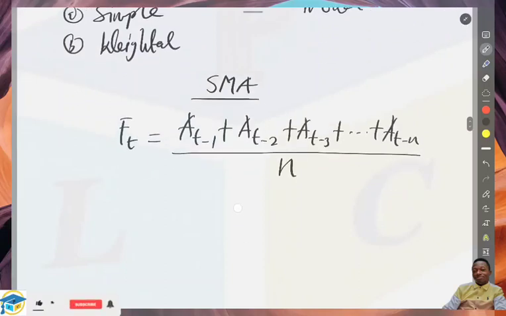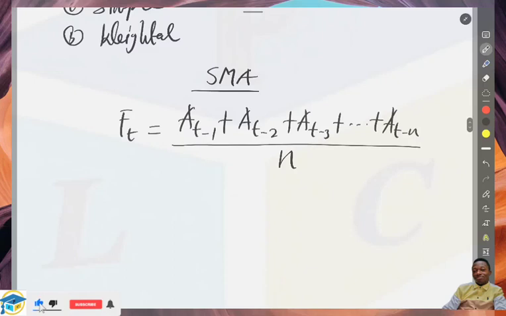Under the simple moving average, you can clearly see that here we place what we call equal weight. As we take the discussion further, you will understand better what weight comes in when it comes to a simple moving average. And mind you, there's a takeaway when it comes to these moving averages. All the moving averages in forecasting for the coming period take into account the most recent data.